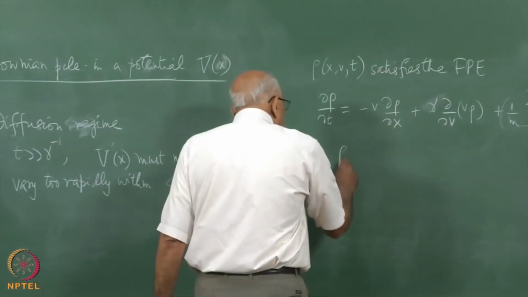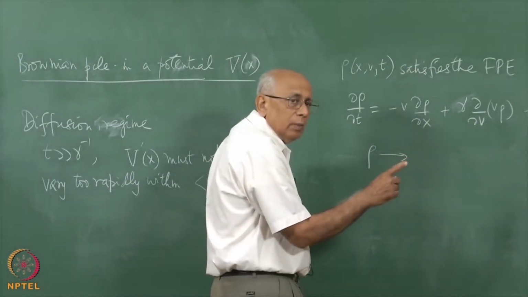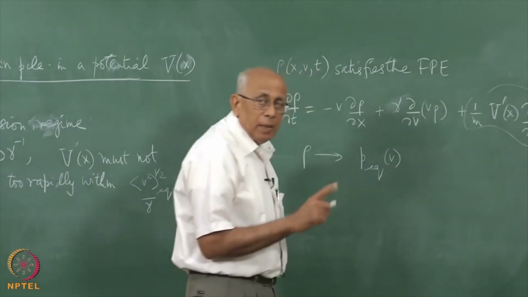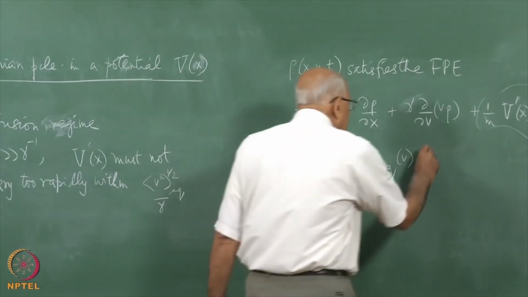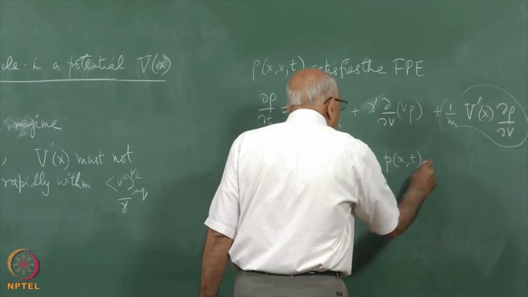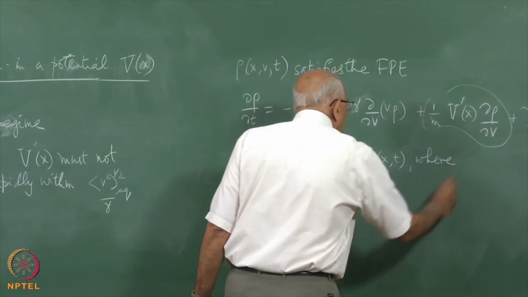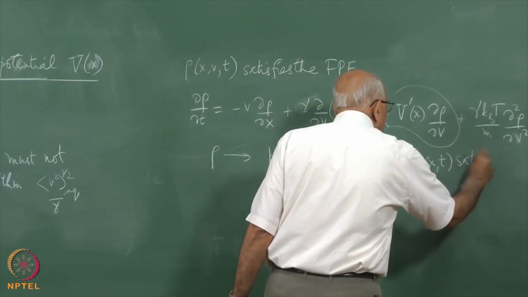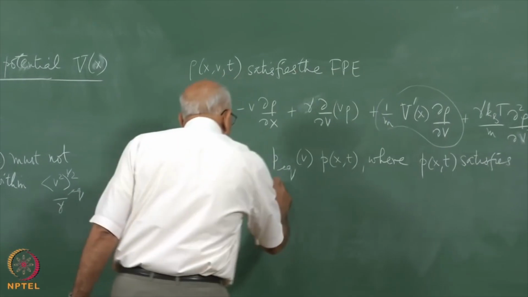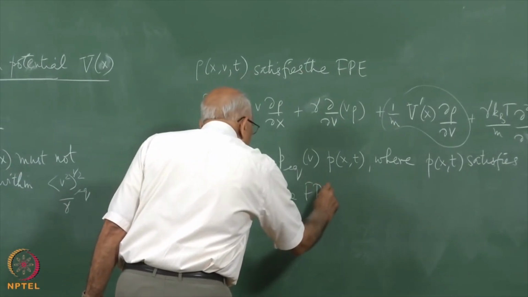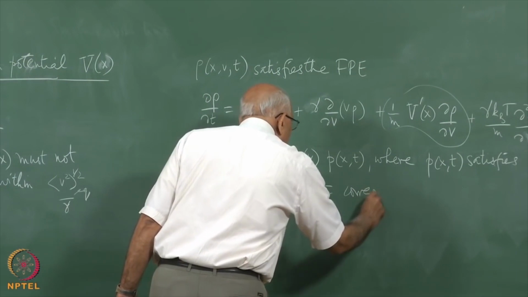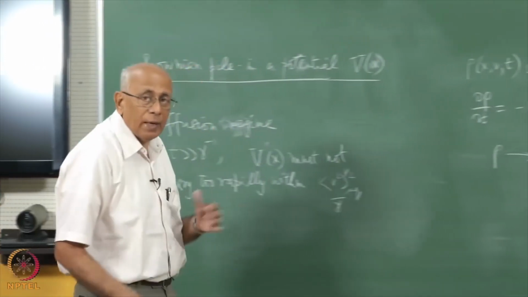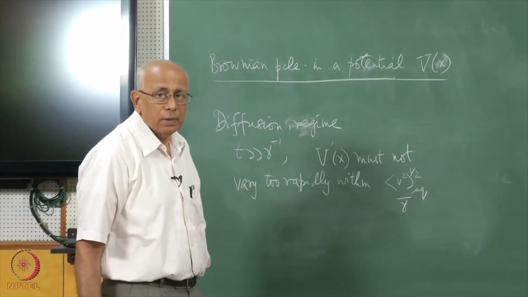So, what happens is that this rho tends in the diffusion regime to P equilibrium of v multiplied by an equation for P of x comma t, where P of x comma t satisfies the Fokker-Planck equation corresponding to setting the inertia term to 0. Right.